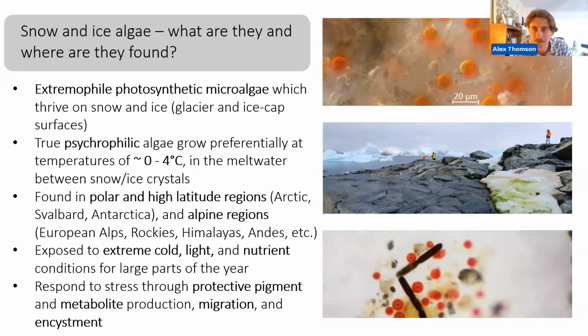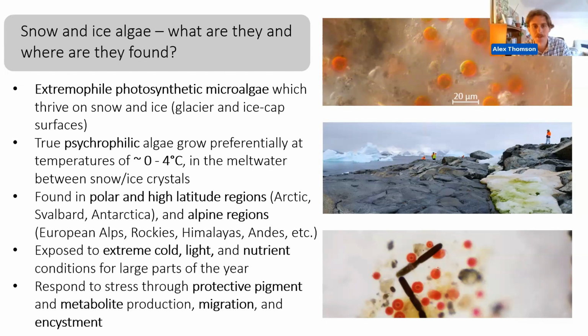So they're regularly exposed to extremes in temperature, freeze-thaw cycles, for instance, and extreme levels of light radiation, both in terms of prolonged darkness in polar night, but also high levels of UV during summer months, and also from the reflectance and scatter of light in the snowpack itself. And there are various other stress factors that they're exposed to on a regular basis.